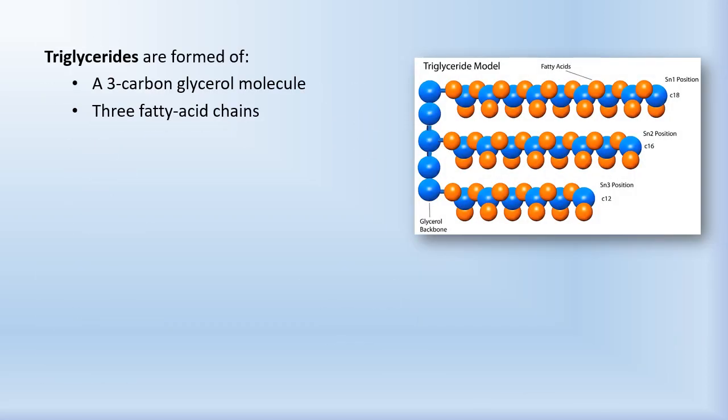So first on our list were triglycerides. Triglycerides have two components. We have a 3-carbon glycerol molecule, the blue vertical line on the diagram on the left, attached to 3 fatty acid chains, hence the term triglyceride.